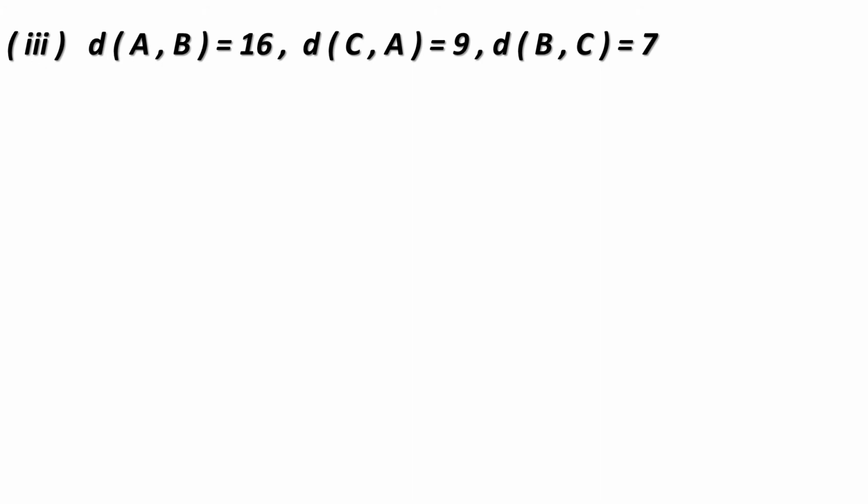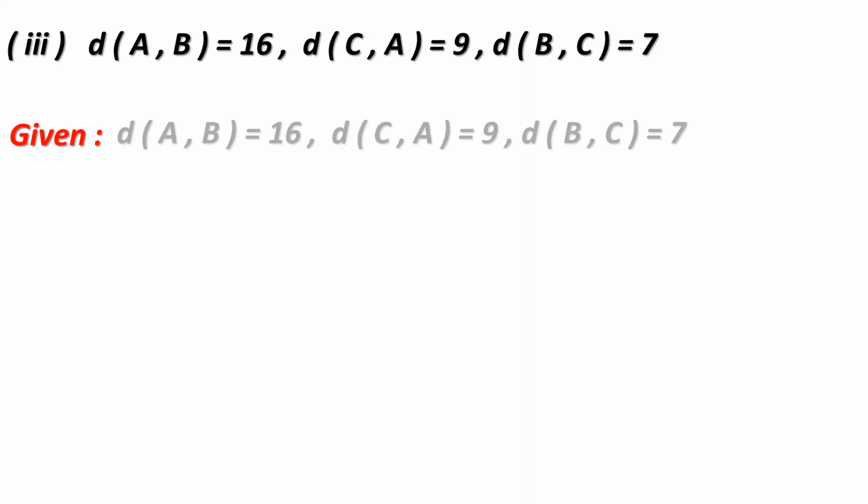Here we have the next question. Distance AB equals 16, distance CA equals 9, distance BC equals 7. So what is given here? Distance AB is 16, distance CA equals 9, and distance BC equals 7. So here we have 3 points A, B and C, and we have to check whether these 3 points are collinear or not, right?